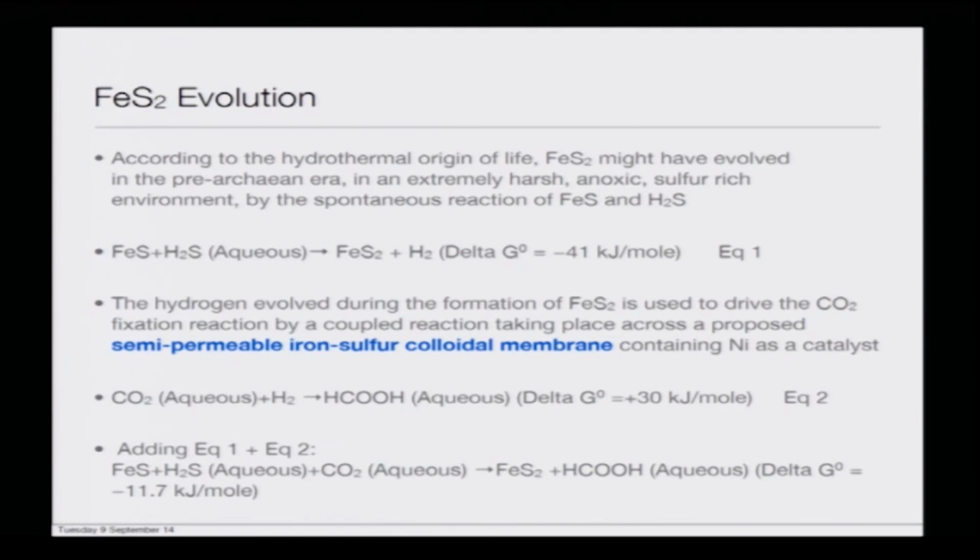And of course, this reaction is thermodynamically feasible because it has minus 41 kilojoule per mole. But the hydrogen evolved during the formation of FeS2 is used to drive the carbon dioxide fixation reaction by a coupled reaction taking place across a proposed semi-permeable iron sulfur colloidal membrane.